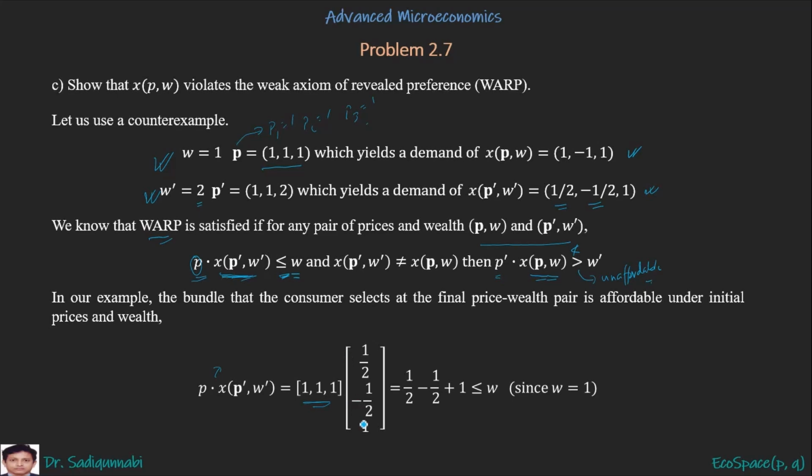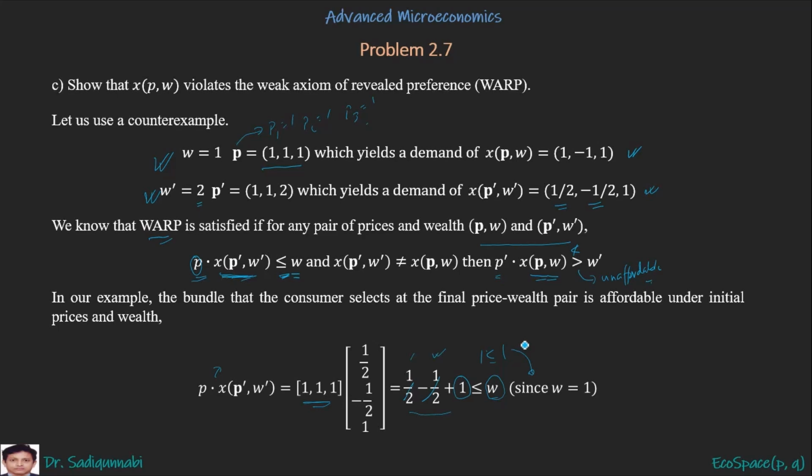So if we multiply this, 1 times half is half, plus 1 times minus half is minus half, plus 1 times 1 is 1. So half and half cancel out, so it becomes 1, and we know that 1 is less than or equal to 1, which is true, affordable.